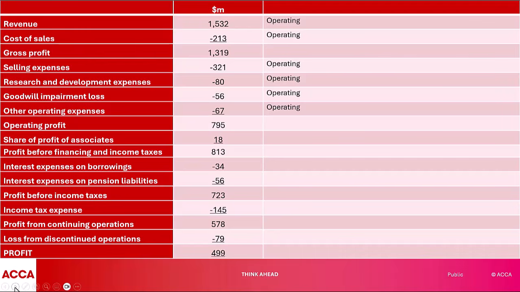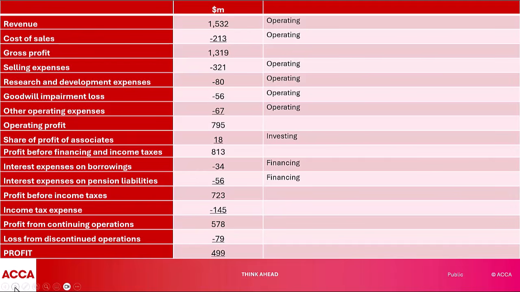We start with operating. And you can see that the goodwill impairment loss has been disaggregated usefully. Yeah, it's because it's of a very different nature than selling expenses and other operating expenses. You can see that we've got a share of profit from associates, and income from joint ventures will be there as well.